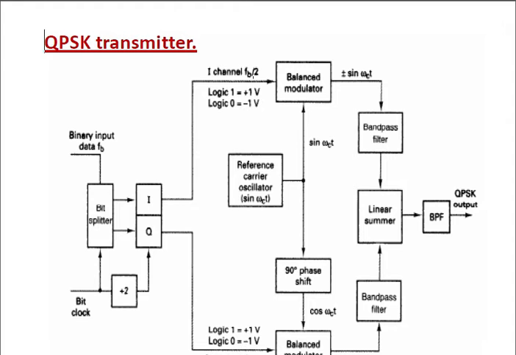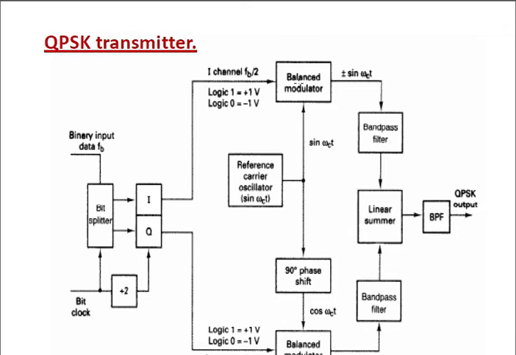Here the I channel fb by 2 is given to the balance modulator, with logic 1 represented by plus 1 volt and logic 0 represented by minus 1 volt.